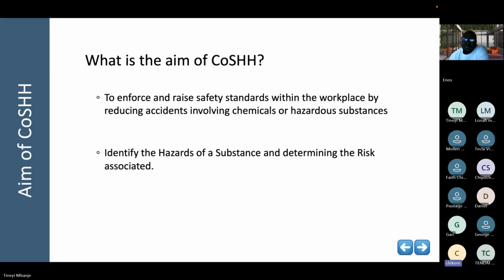We always check the storage area for the COSHH. We check all the control measures. If there's COSHH in place, the symbols, we check if there's need for spill kits, spill trays. We check if there are safety data sheets that come along with the products, which is actually a legal requirement. So there are some control measures that we check every time there's COSHH, depending on the type of substance.